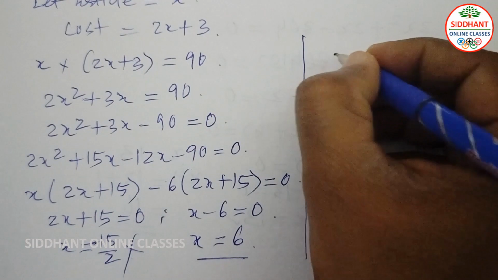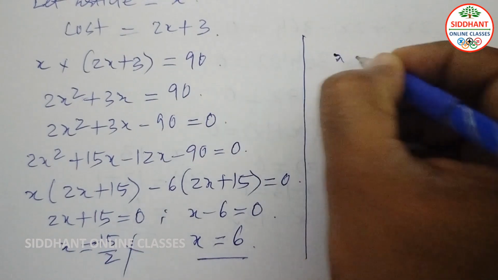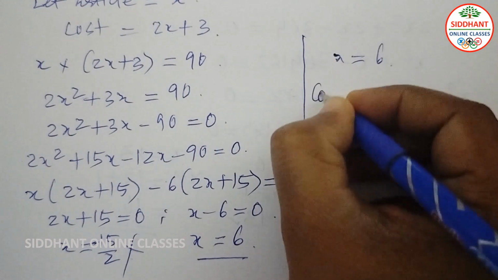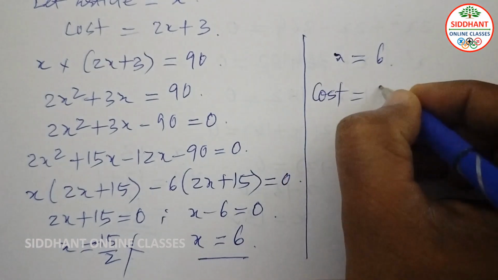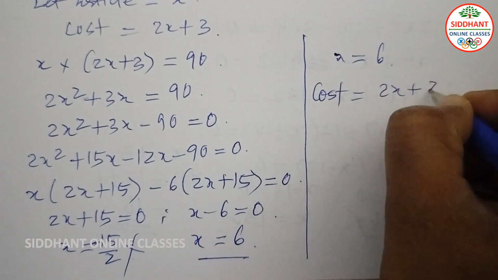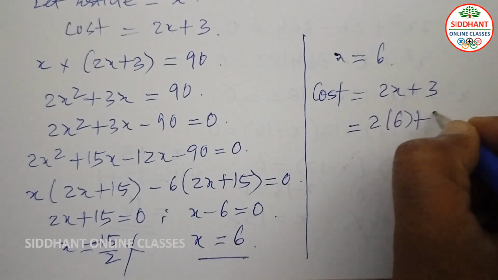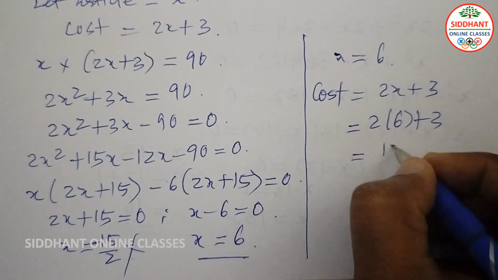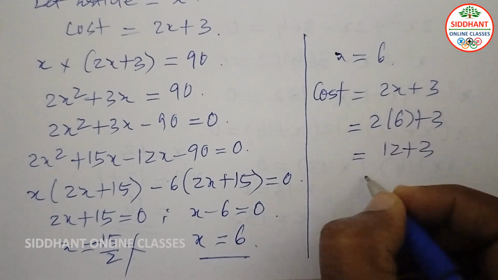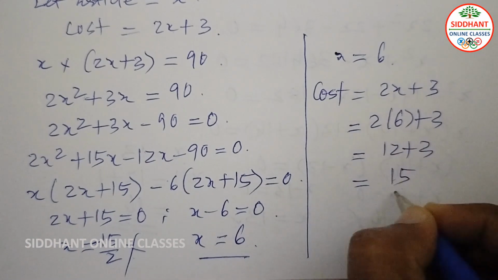So the number of articles x equal to 6, and now cost when you are going to see, which is 2x plus 3 here. So 2 into 6 plus 3, that will be 12 plus 3, which equal to 15 rupees here.